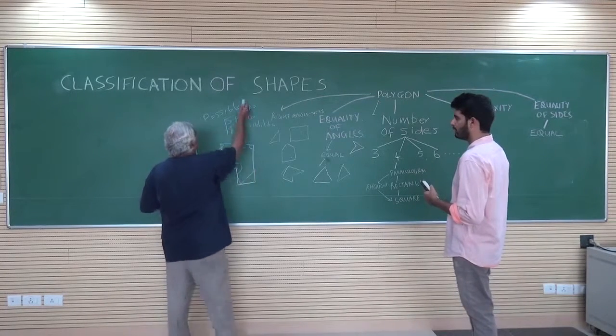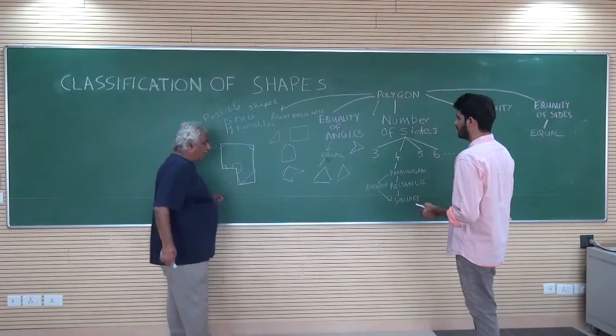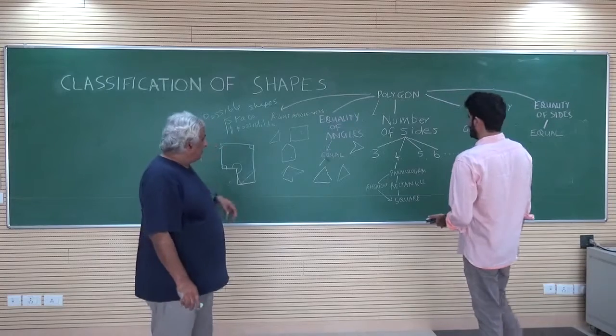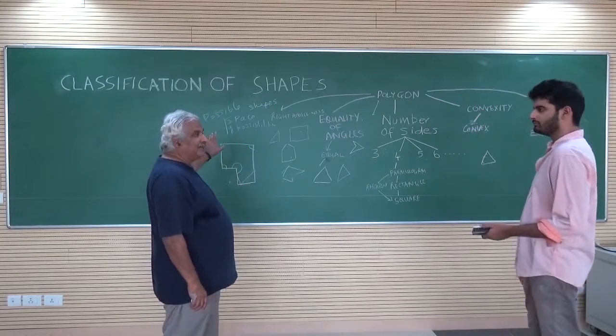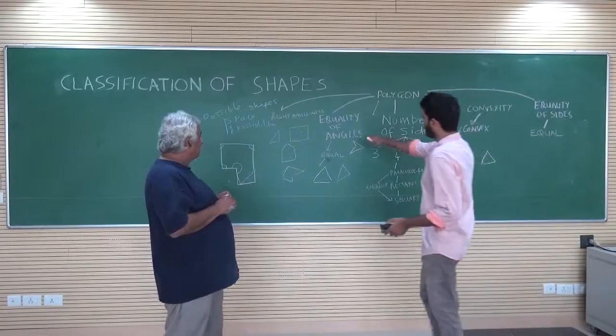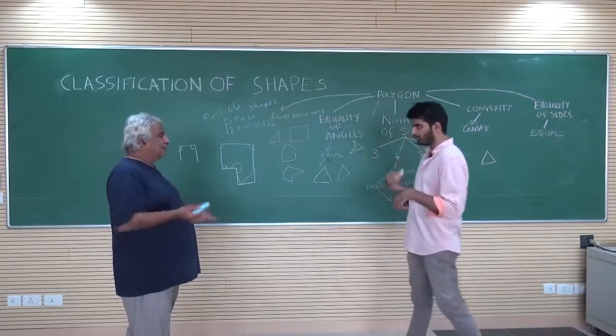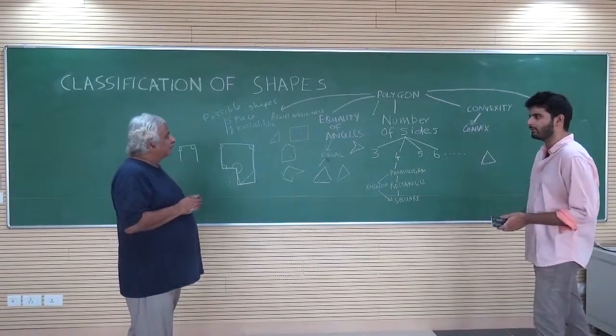So the theorems are stating certain laws on the combinations of traits. For example, you can't have equilateral right-angle triangles. That combination is impossible.